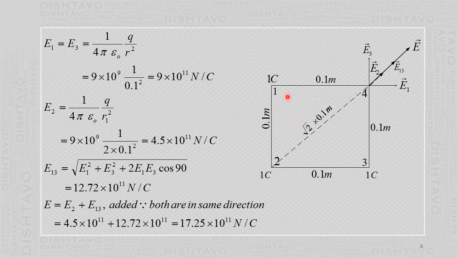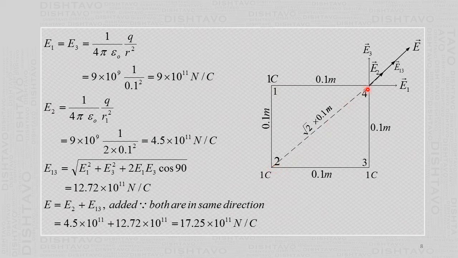So now let us say that at corner number 1, 1 coulomb is kept, at corner number 2, 1 coulomb is kept, and at corner number 3, 1 coulomb is kept, and we have to find the electric field at corner number 4. Now, before going further, we will find the length of this diagonal. Use the Pythagoras theorem: square of the hypotenuse equals the sum of the squares of the sides.